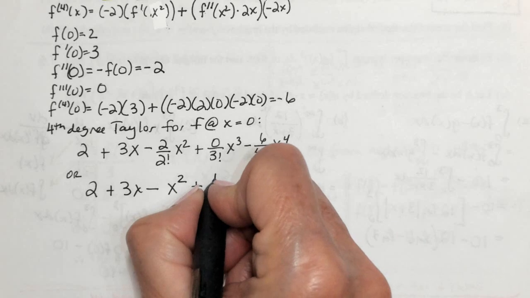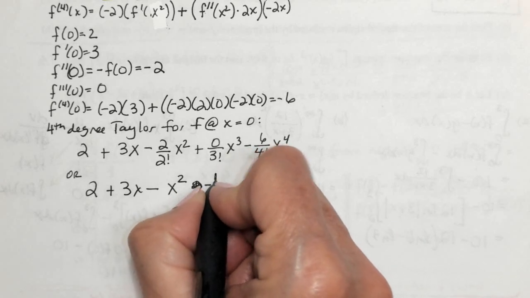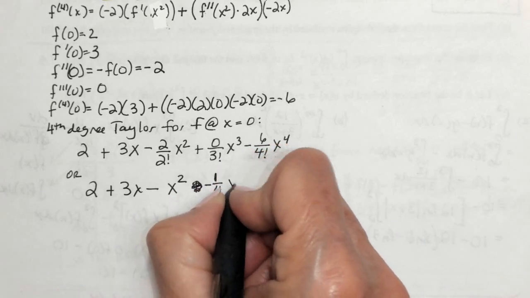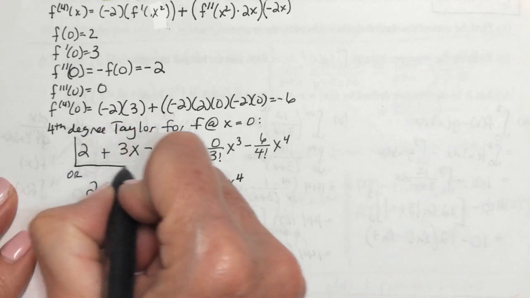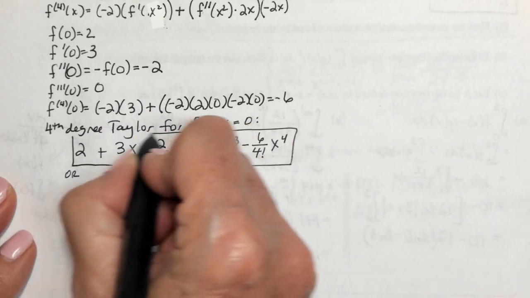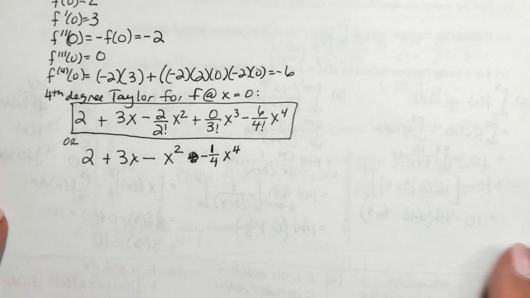So that would be minus 1 over 4x to the 4th, okay? But since I did clean it up, I'm going to safe stop right here. By boxing in my answer, I'm going to safe stop.